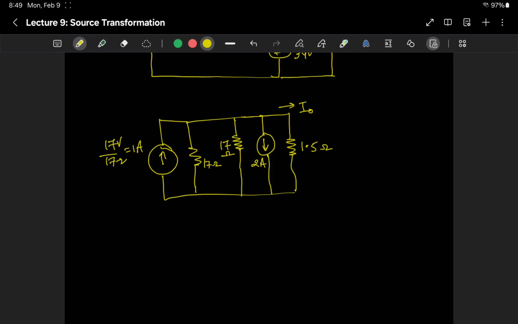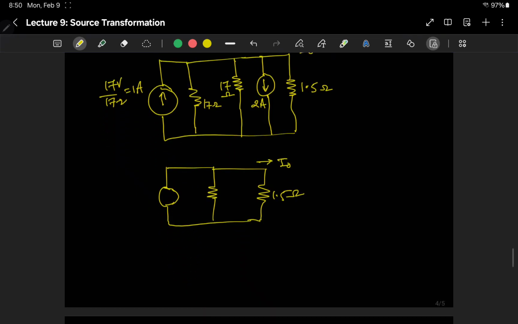Now what we can do, so we have two resistors in parallel and two current sources in parallel. So the parallel sources add up. If I have to reduce these to a single source, and this will be 1.5 ohm, which we still need to decide.